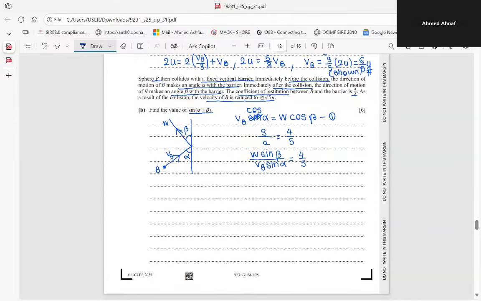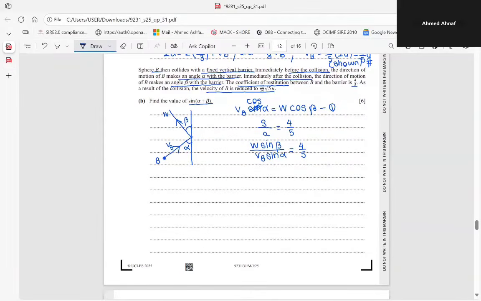Now we're going to make W sine beta the subject. So this is just going to be 4 over 5 VB sine alpha. So this is our equation 2. Oh, I just realized we're given W. Okay, never mind. We'll just substitute it later.